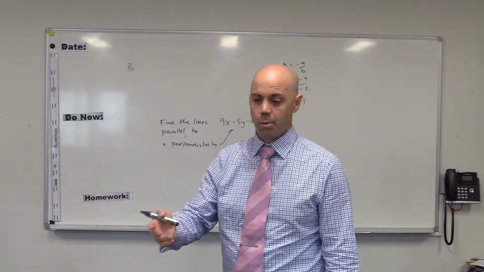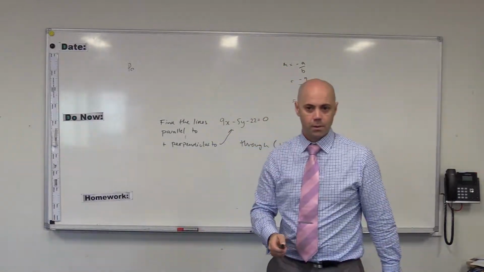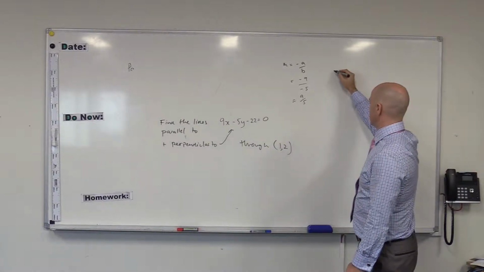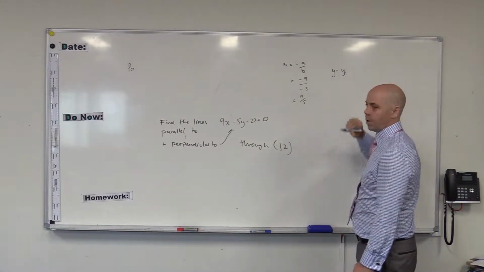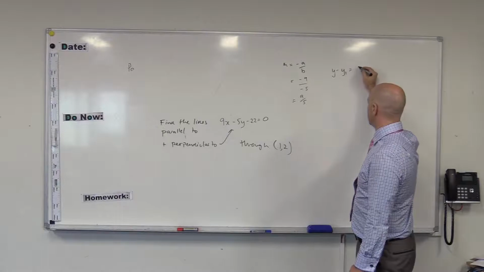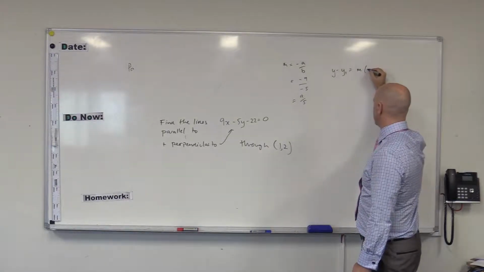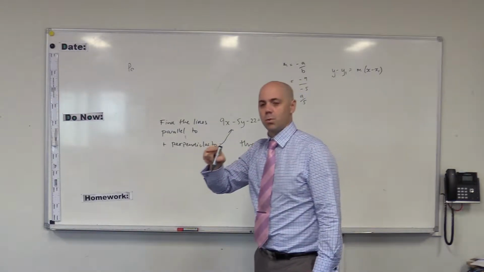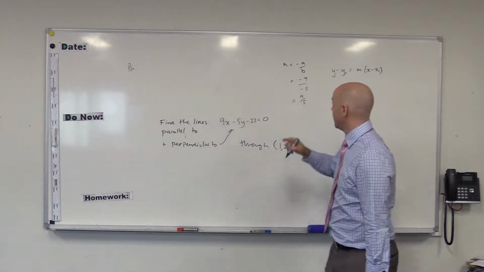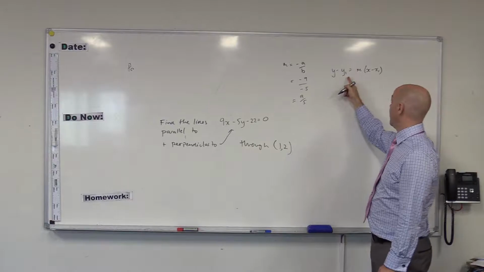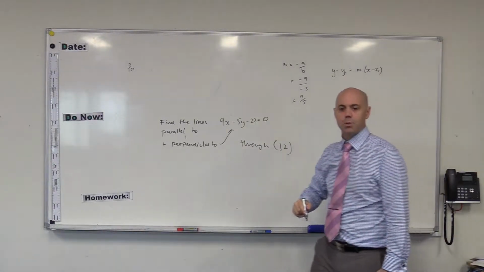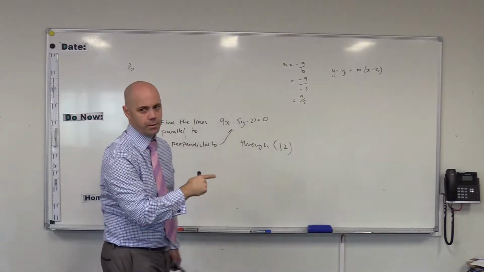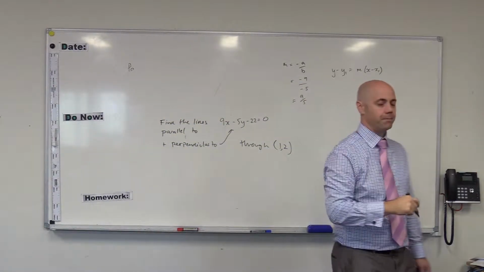Point gradient. y minus y1 equals m brackets x minus x1. As an aside, if you did y1 minus y and x1 minus x, it would still work out as long as you have the same pattern in both. But it's much easier to use this one, since you've got positive y's and x's straight up.